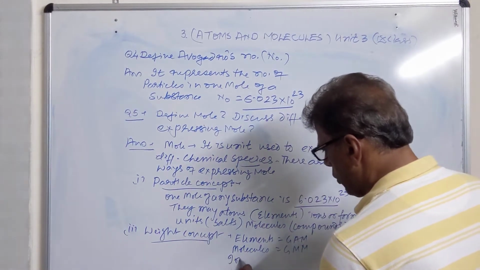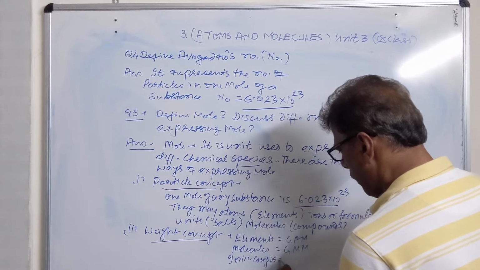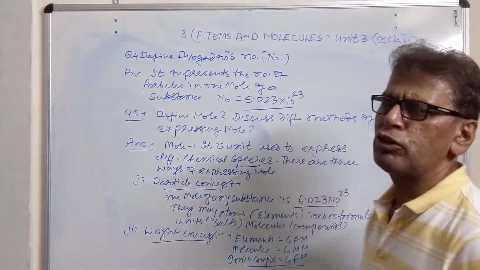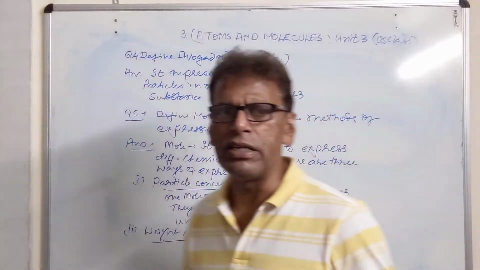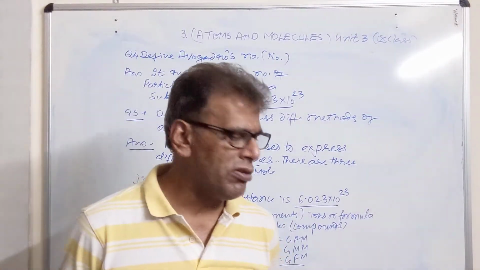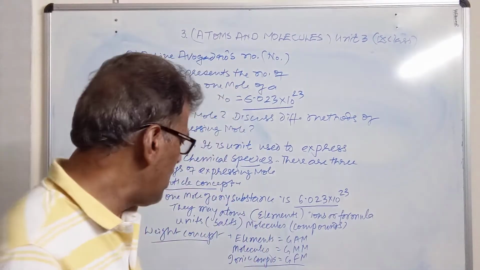For ionic compounds, it is gram formula mass. So 1 mole of any substance is equal to its gram atomic mass if we are dealing with the elements, gram molecular mass if we are dealing with the molecules, and gram formula mass if we are dealing with the ionic substances.